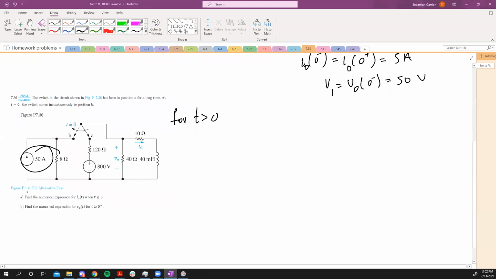We can do a source conversion. So E equals IR. We can say 50 times 8 is 400. So you can make this a battery instead, or a voltage source. So I'm going to say 400 and then 8 ohms. Then 10.